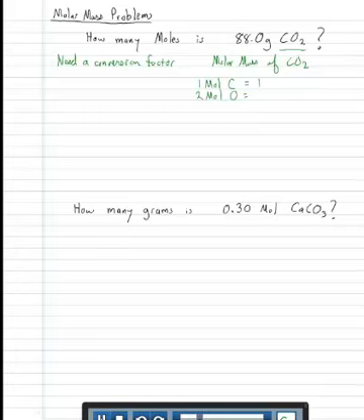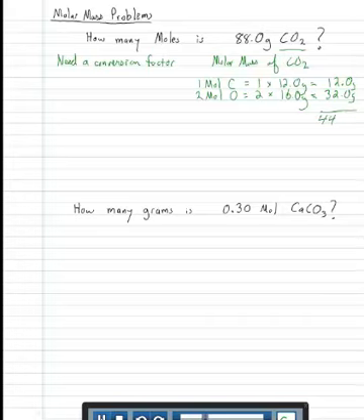And we know 2 moles of oxygen, 16.0 grams each. We multiply it out, 12.0 grams and 32.0 grams, and we can add that up. And we can figure out that the molar mass of carbon dioxide is 44.0 grams per mole.